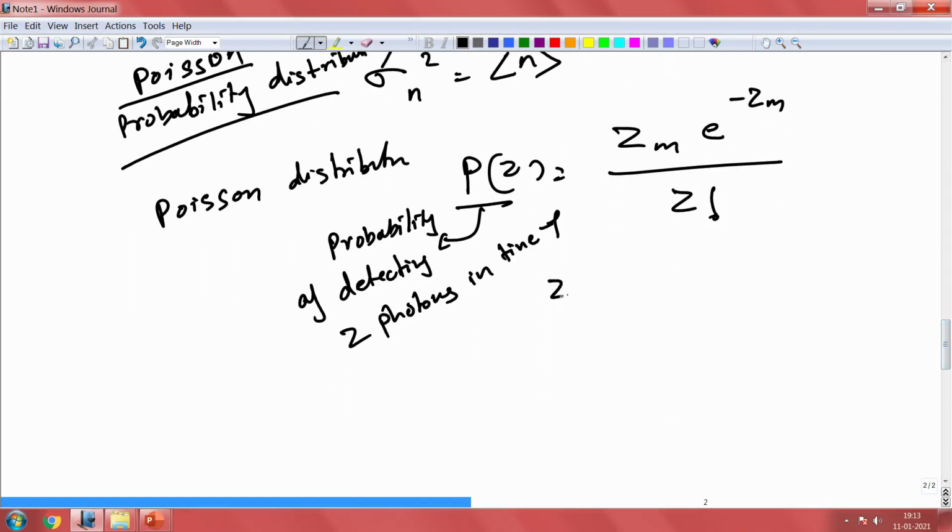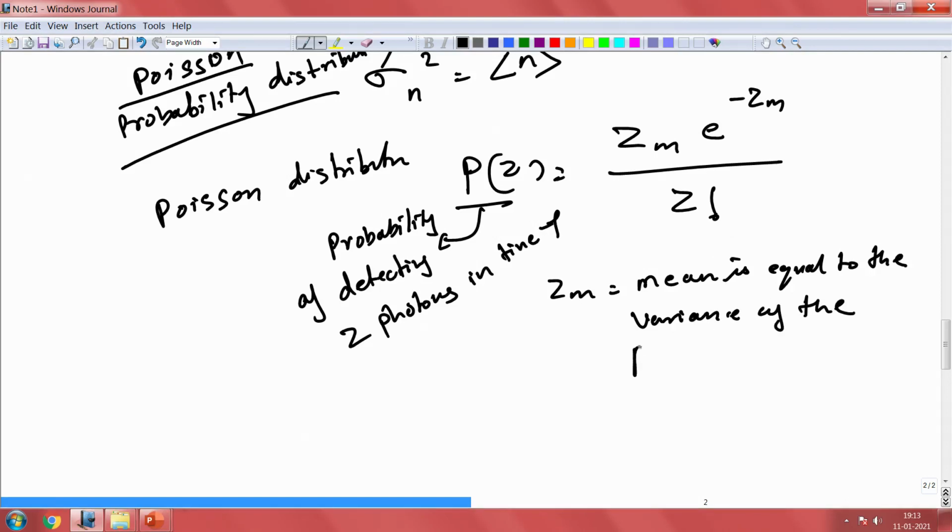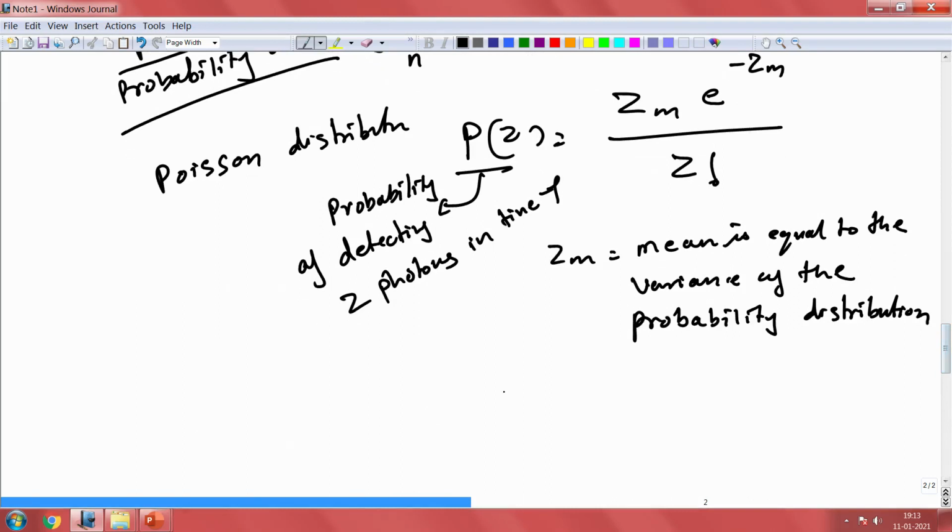So Zm here is the mean. Zm mean is equal to the variance of the probability distribution. So now the number of photons generated in time tau is equal to the average number of photons detected over this time period tau.